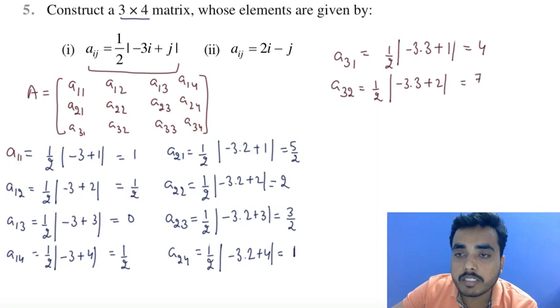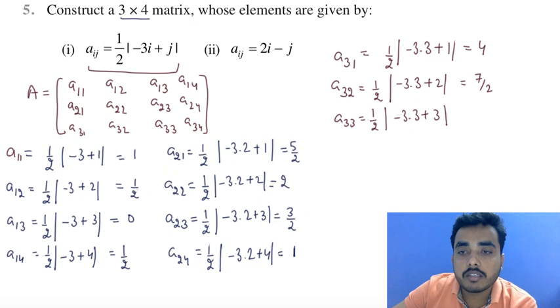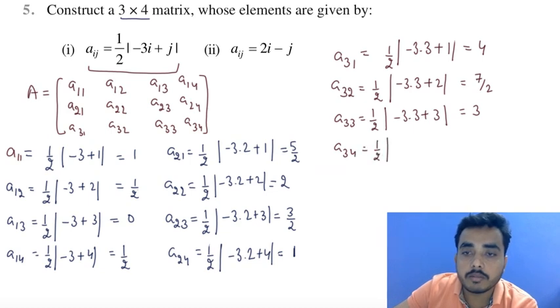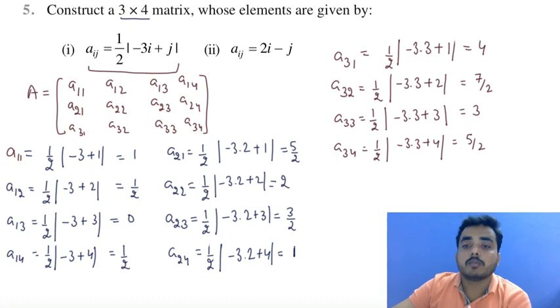Modulus है तो plus 7 by 2. A33 is 1 by 2 minus 3 into 3 plus 3. This is 6 by 2, which is 3. A34 is 1 by 2 minus 3 into 3 plus 4, which is minus 9 by 2, after modulus this is 5 by 2.